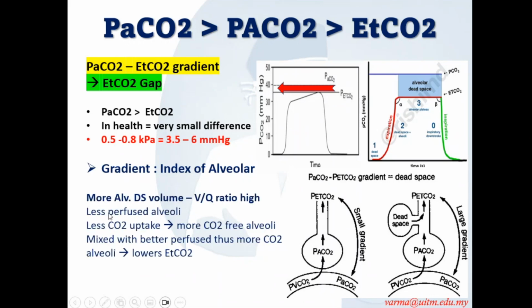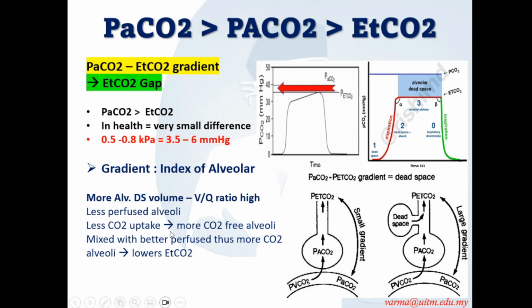More alveolar dead space volume means the VQ ratio is high, meaning there is a mismatch. Less perfused alveoli means less CO2 uptake and more CO2-free alveoli. Less perfused means there is dead space, and dead space means wasted ventilation, right? Ventilation is there, but less perfusion.